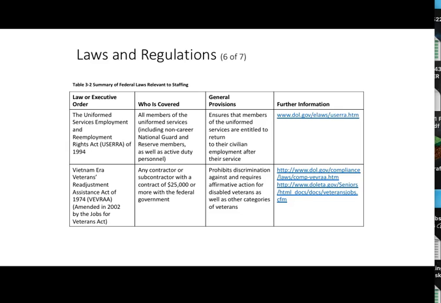So it's a broader scope now. It's not just Vietnam era, but we want to prohibit discrimination against disabled vets. It works hand in hand with the Rehabilitation Act, but specifically, if we have a disabled vet, we want to proactively look for them and do our best to hire them and accommodate them in the workplace.